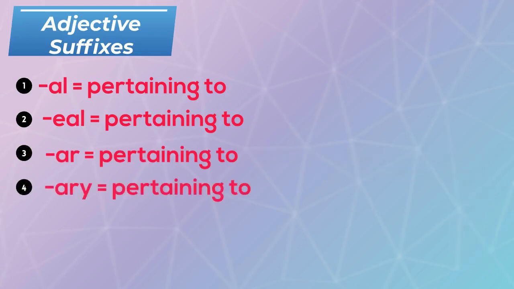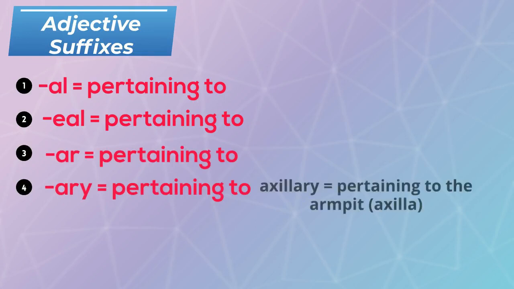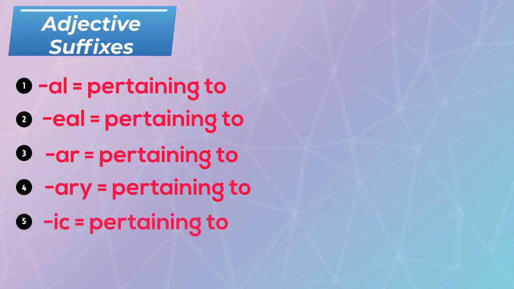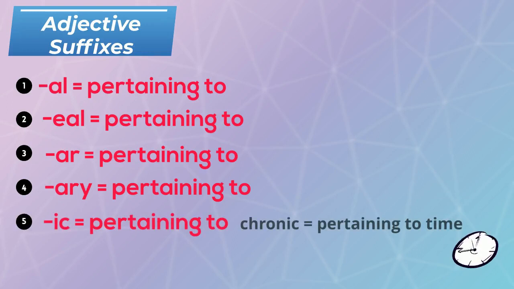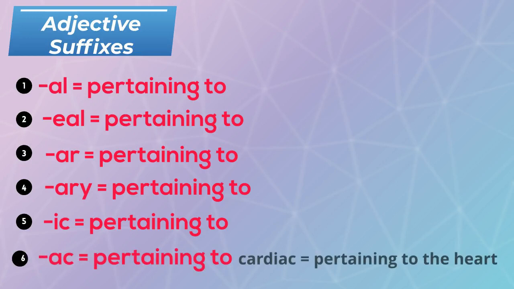Or ary, axillary, pertaining to the armpit or the axilla. Ic, like chronic, pertaining to time, something that is chronic, goes on over time. Like cardiac, pertaining to the heart.